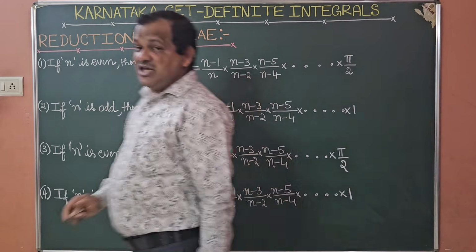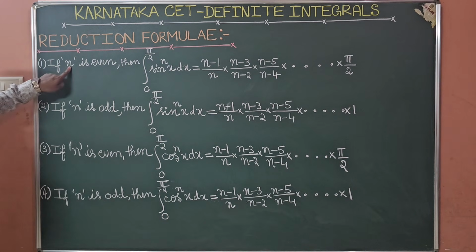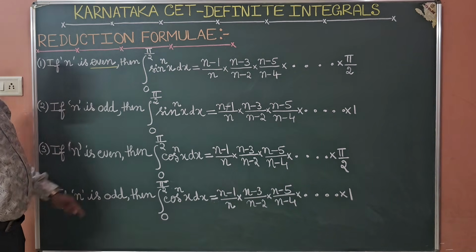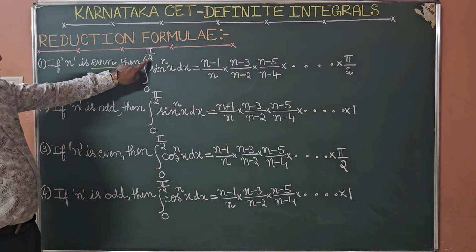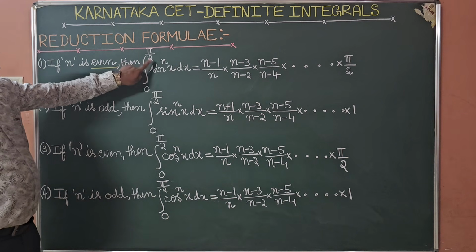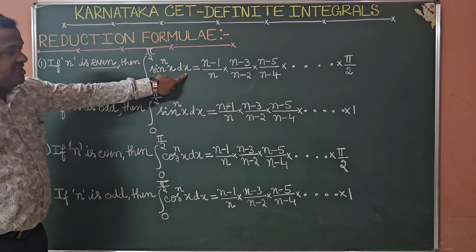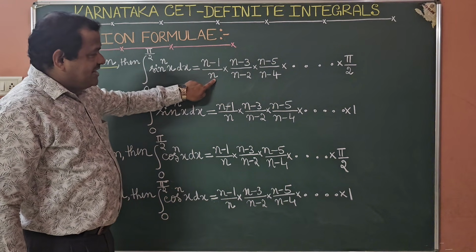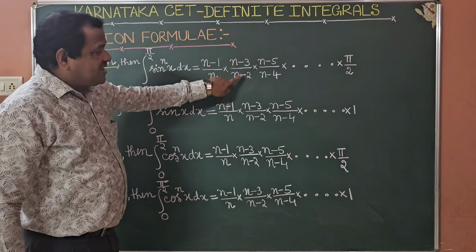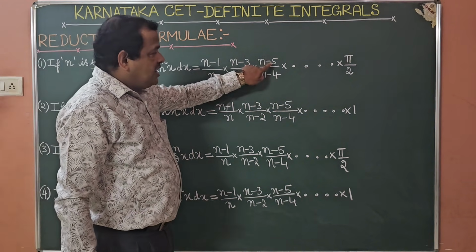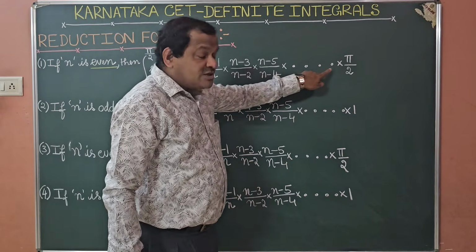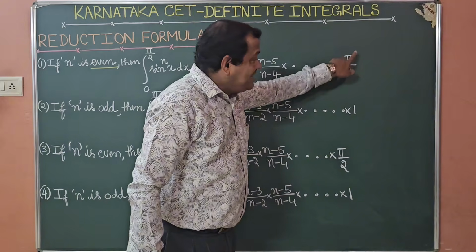I will explain. Say if n is an even natural number, then the integration from 0 to pi by 2 of sine power nx dx is equal to (n minus 1) by n into (n minus 3) by (n minus 2) into (n minus 5) by (n minus 4) into so on, into pi by 2.